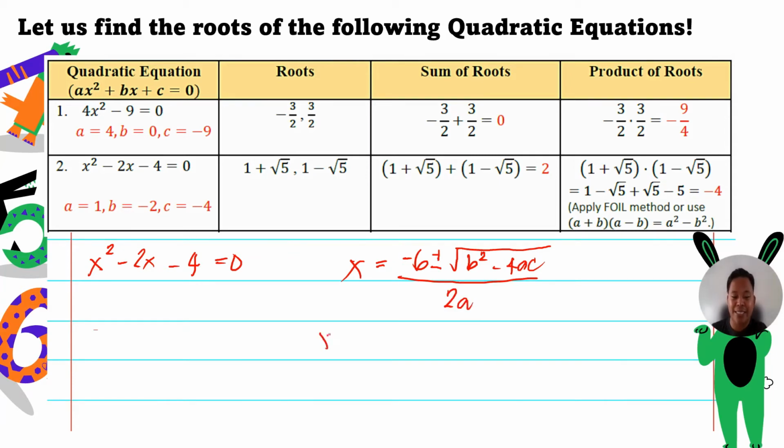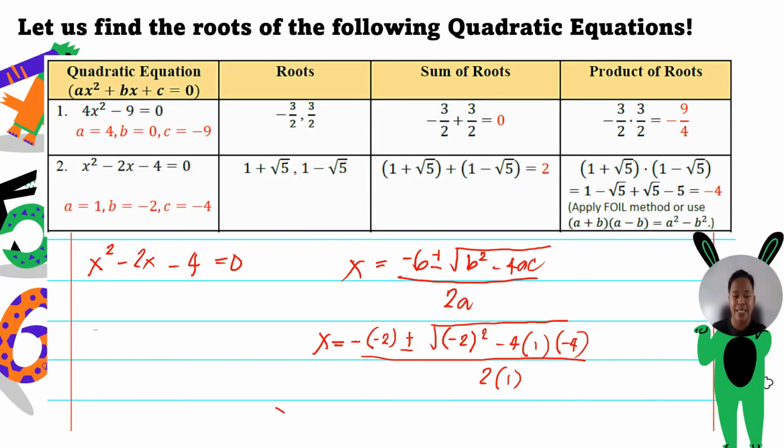Then solve for x. x is equal to, the given b is negative, so negative times negative 2 plus minus the square root of negative 2 squared minus 4 times 1 times negative 4 all over 2 times 1.